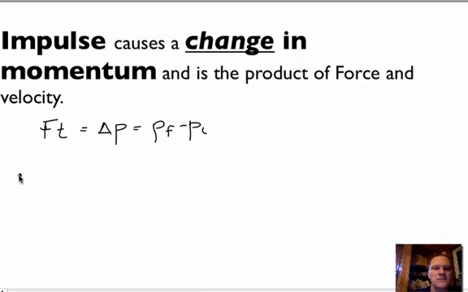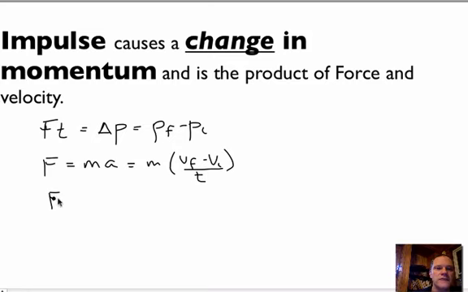This is derived from Newton's second law, where F is equal to ma, and we know that the acceleration is equal to v final minus v initial, all divided by time. If we multiply through by time, we have Ft is equal to mass times v final minus v initial.